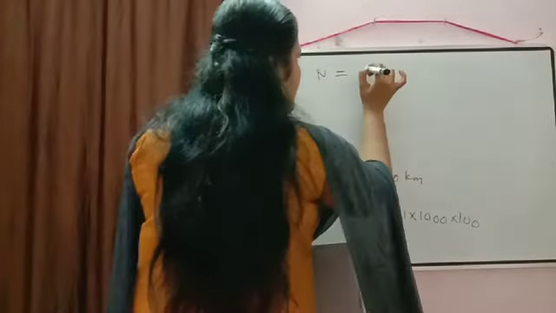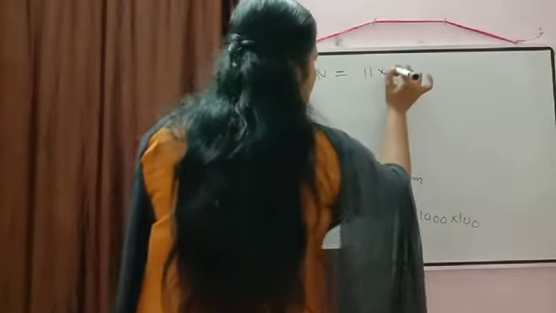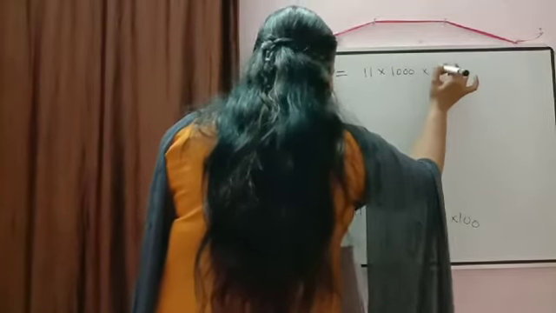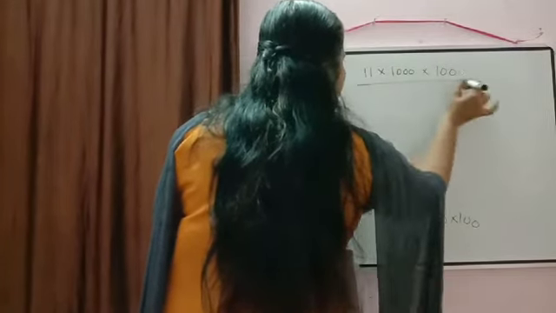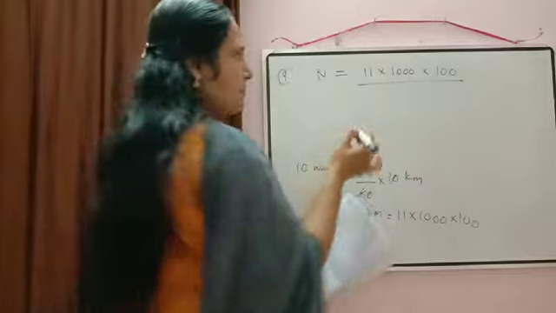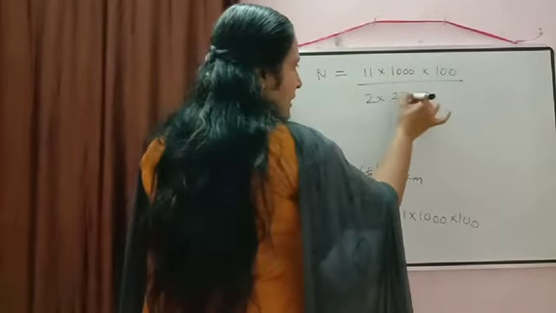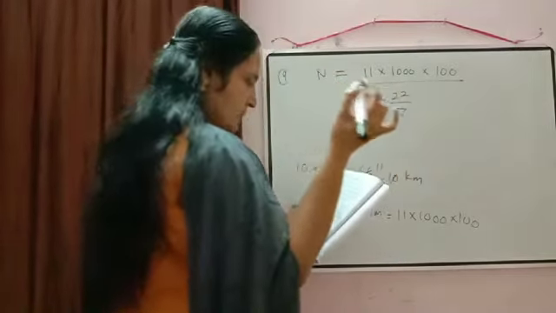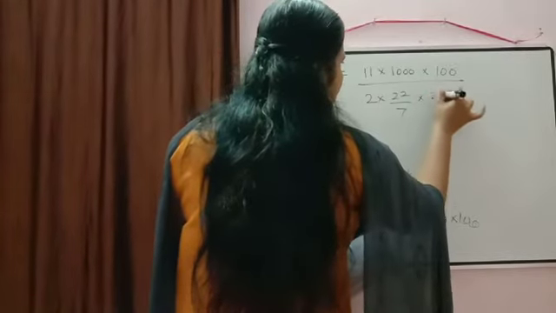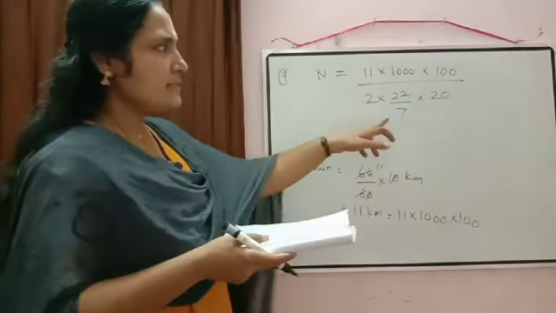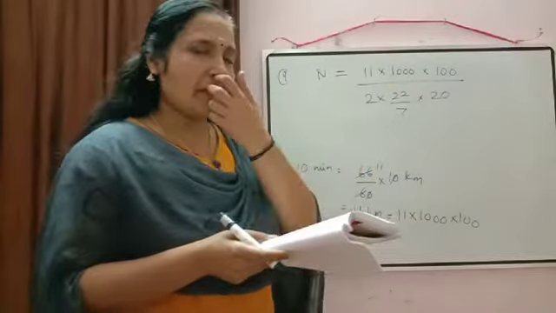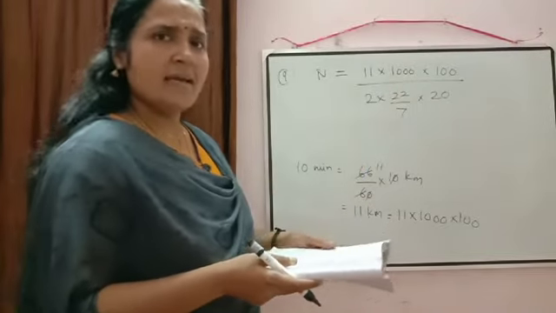So total distance covered we wrote here 11 into 1000 into 100 by circumference. Formula 2 pi r. So 2 into 22 by 7 into radius we wrote there 20. Now what we will do? Just shift 7 to numerator and then just do the calculation.